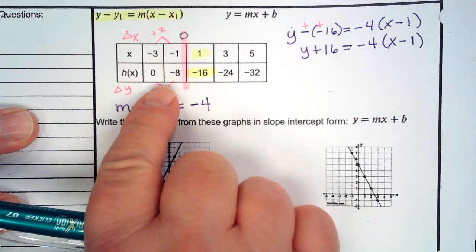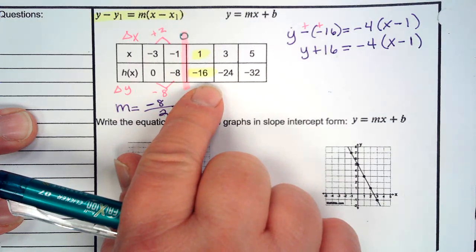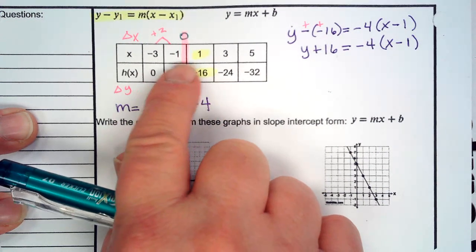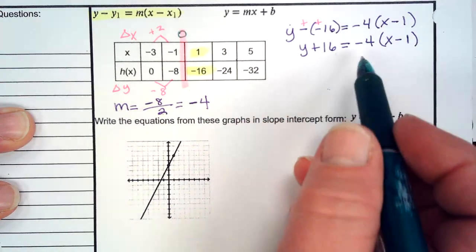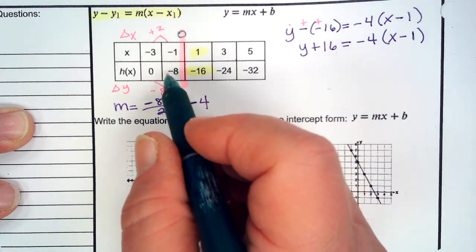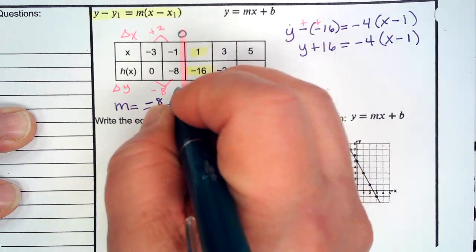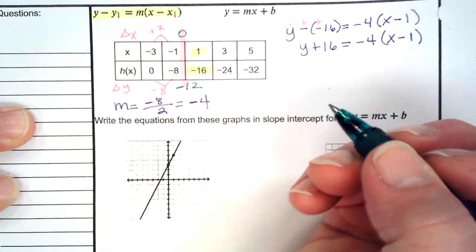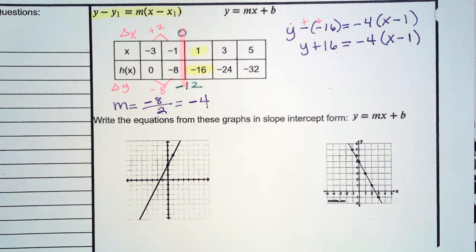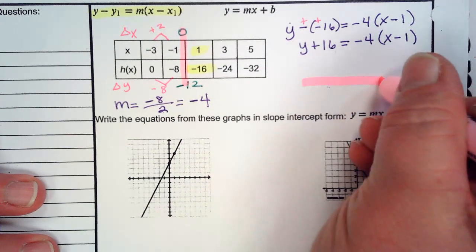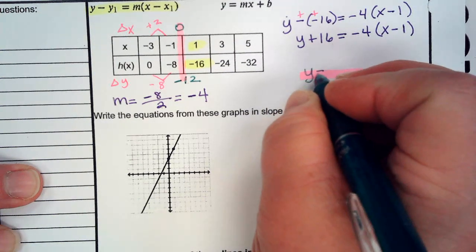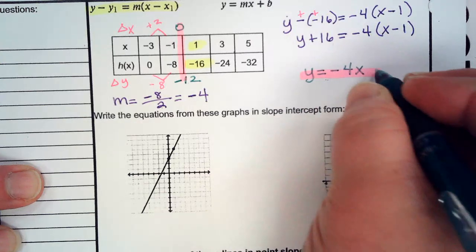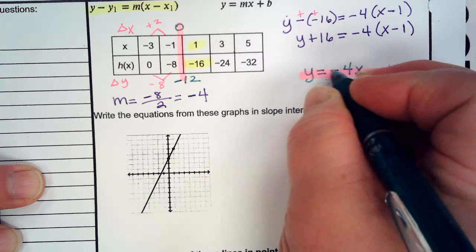And we're also halfway between -8 and -16, because 0 is halfway between -1 and +1. So we're going down by 4 each time. -8 plus -4 is -12. We're ready to finish it up. Y is equal to -4x minus 12.